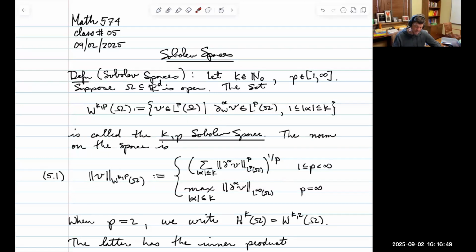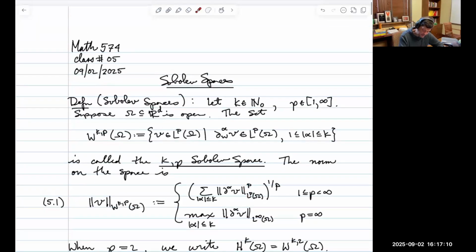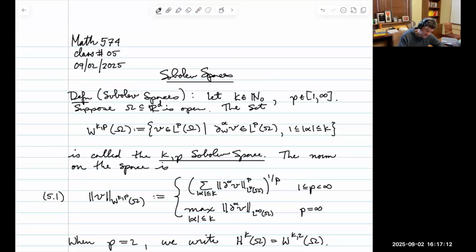So what we're going to do is sum up the norms of all of the derivatives of v, of all orders up to and including the kth order derivative. We're going to take the LP norm of each one, and then we're going to take that to the P power. Okay, so you remember what those LP norms look like? Just to refresh your memory, this is the basic LP norm.